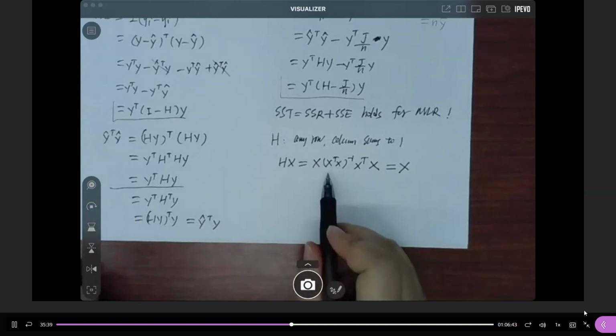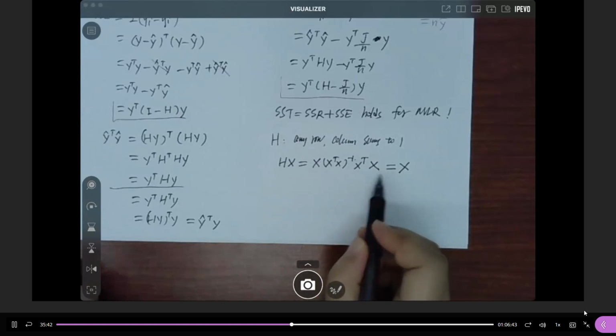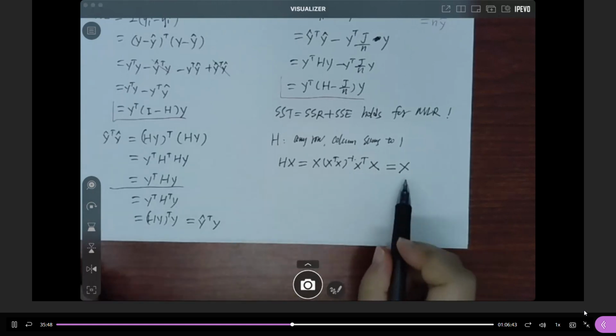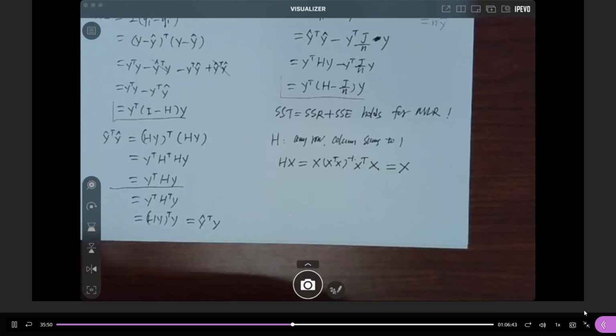Because X transpose X inverse and X transpose X cancel. They become I, then you have X alone. So if HX equals X, what does that mean? No, it doesn't mean H equals I, certainly not.